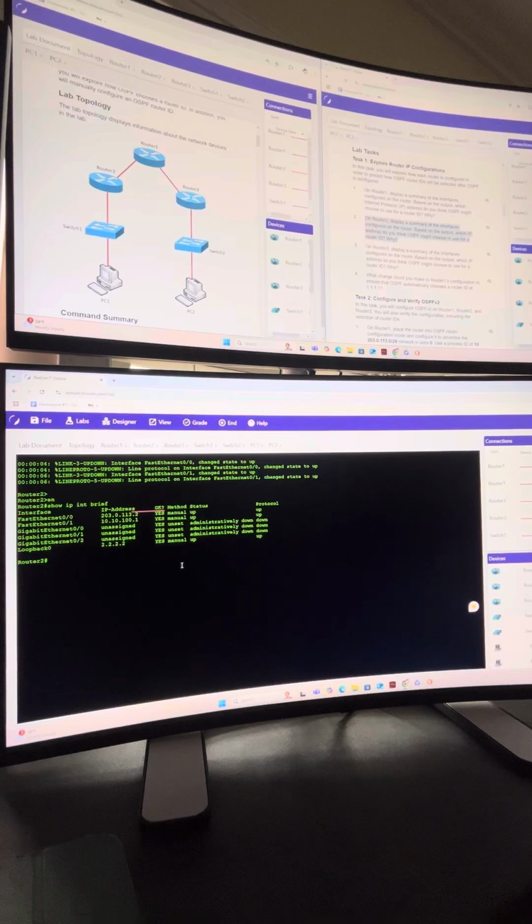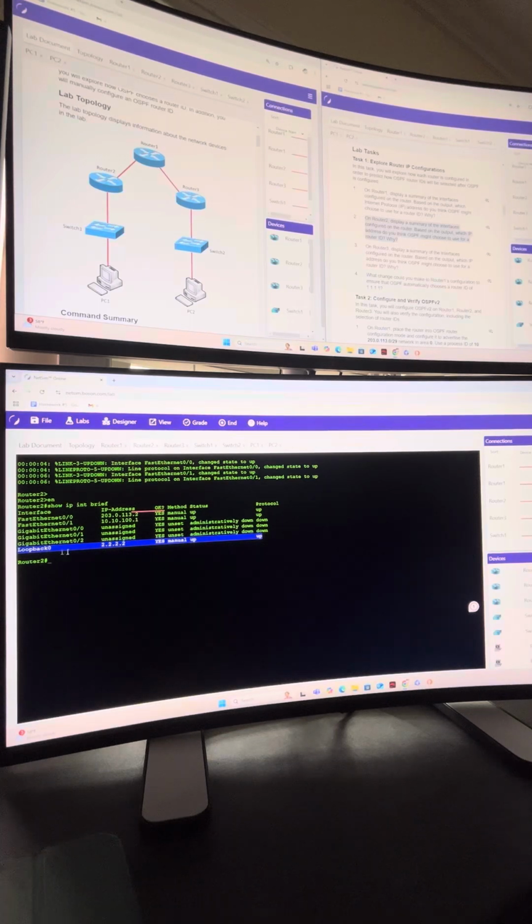Okay. Now, if we take a look at this output, we can see that router 2 has a loopback 0 interface with an IP address of all 2s. It's in the up state, and that is going to be the IP address that OSPF would choose on this router, because it is the only loopback interface configured on this router, and it's also in the up state.